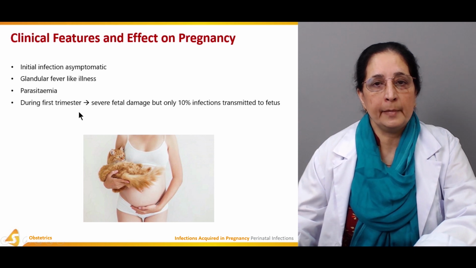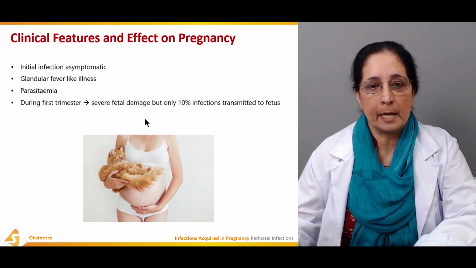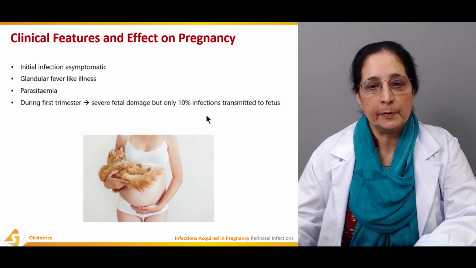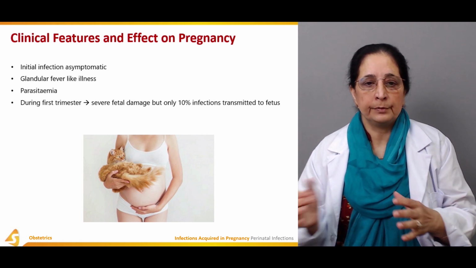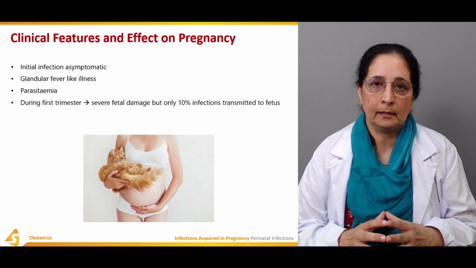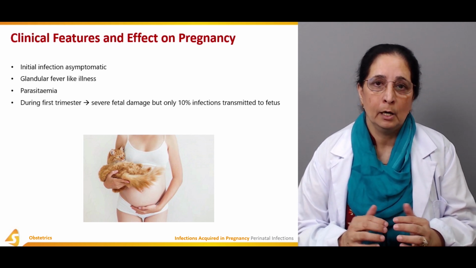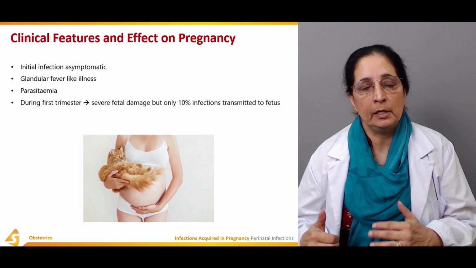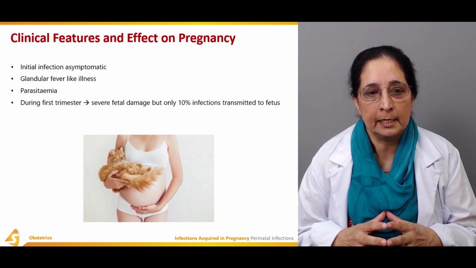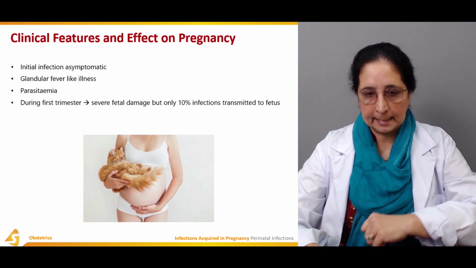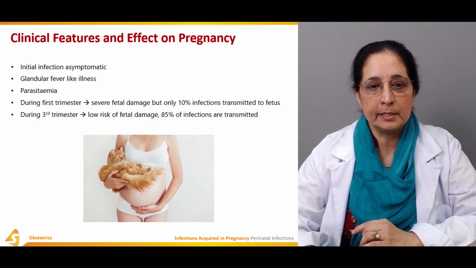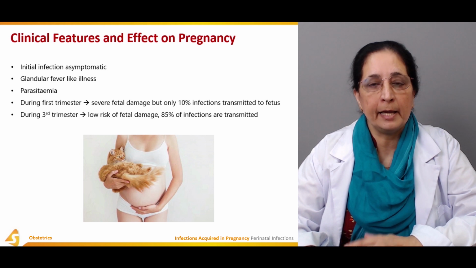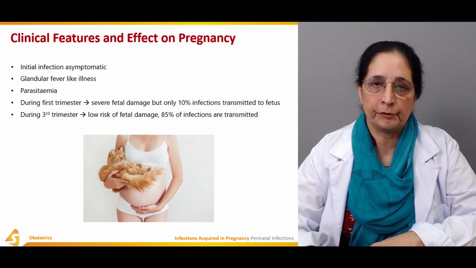During the first trimester, there is severe fetal damage, but only 10% of infections are transmitted to the fetus. During the third trimester, there is low risk of fetal damage, but 85% of infections are transmitted.